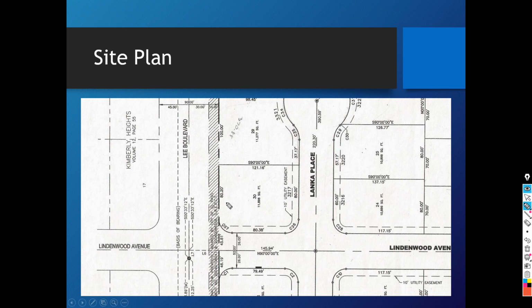Lot number 30. So you have lot number 30 here. Your neighbor is lot number 29. Across the street is lot number 24, and their neighbor is lot number 25. So that, ladies and gentlemen, is the concept of a subdivision. You're buying a subdivided piece of property that's subdivided all the way down from the state of Texas.